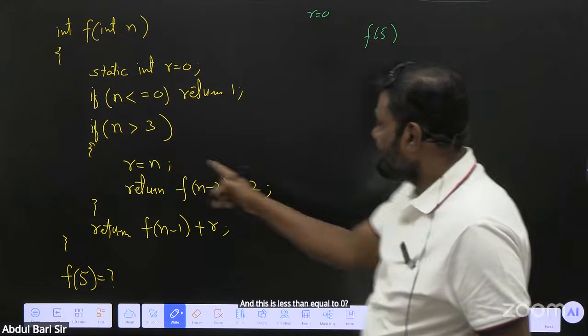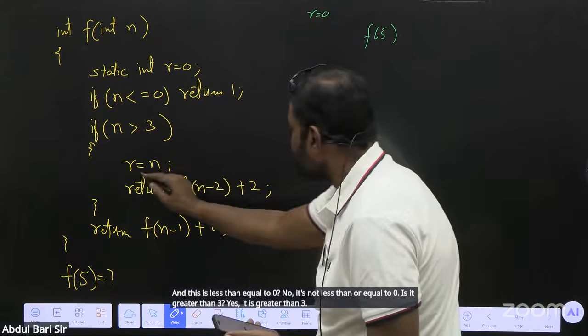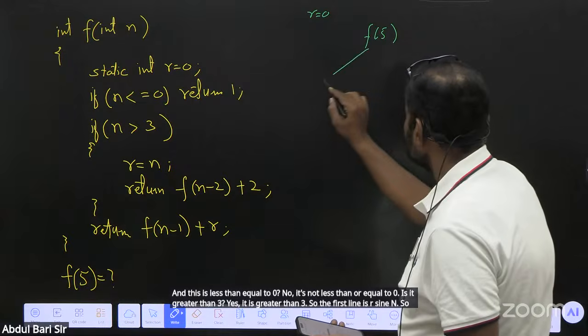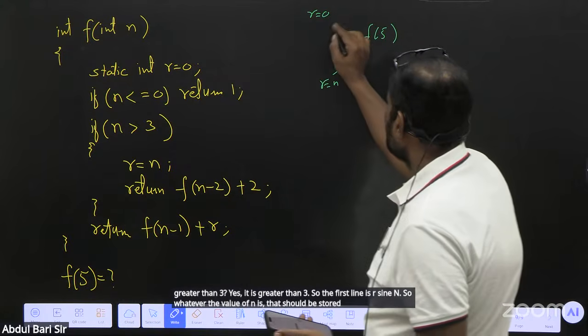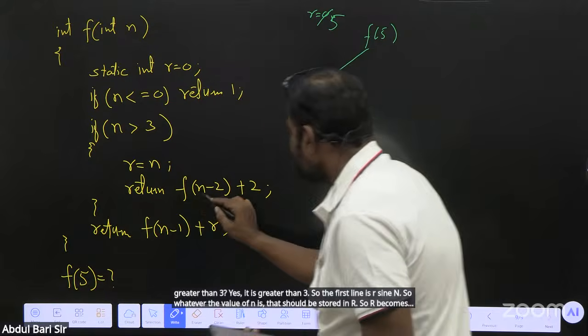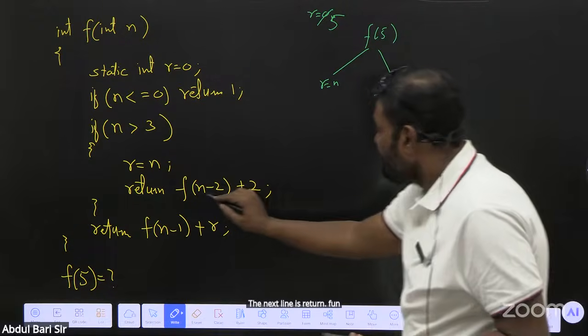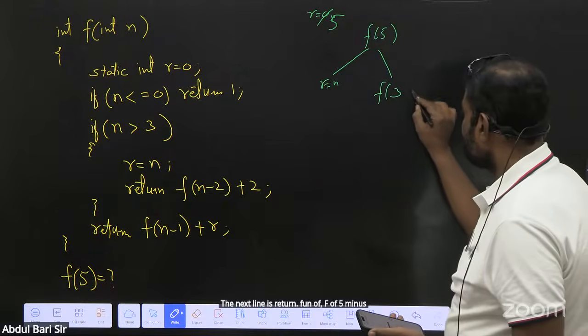No, it's not less than or equal to 0. Is it greater than 3? Yes, it is greater than 3. So the first line is r assigned n. Whatever the value of n is should be stored in r. So r becomes 5. The next line is return f of 5 minus 2, that is 3, plus 2.